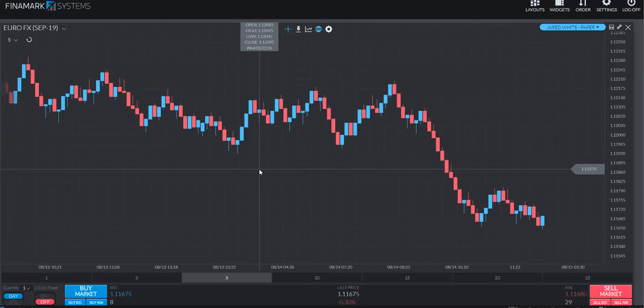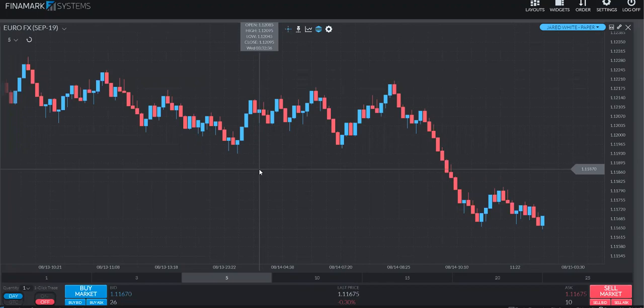The market could actually have a large number of shares or contracts or lots being traded and not going anywhere if there's some type of equal pull in both directions. Obviously, if you've got the buyers buying and the sellers selling at a very equal rate, you're not going to see the buyers overpower the sellers if they're both doing the same things, and you're not going to see the sellers overpower the buyers.